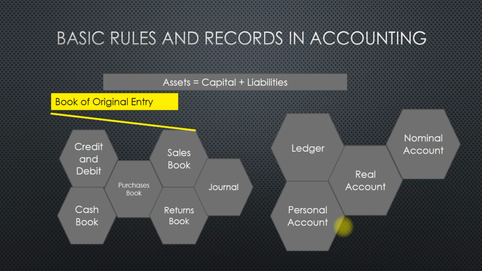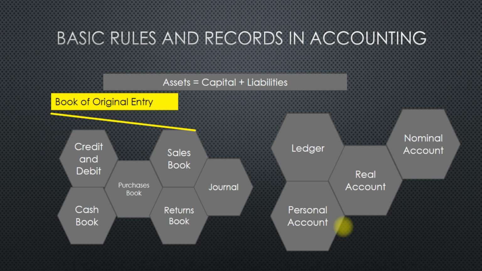For personal accounts, debit the receiver, credit the giver. That is the rule followed. For nominal accounts, the fundamental rule is to debit all expenses and credit income and gains. For real accounts, debit what comes in and credit what goes out.